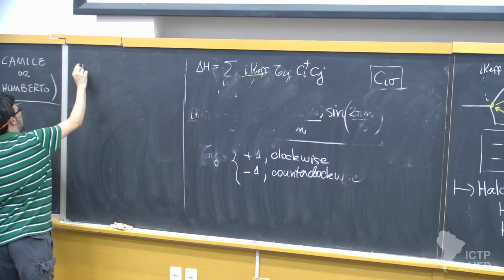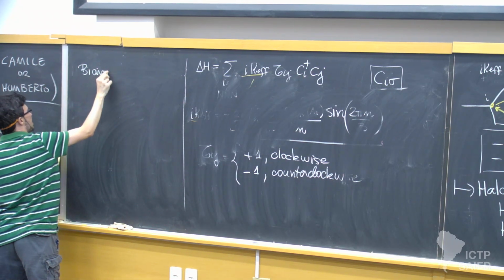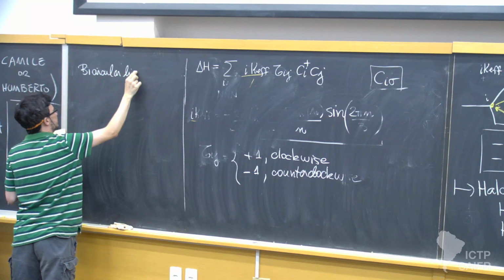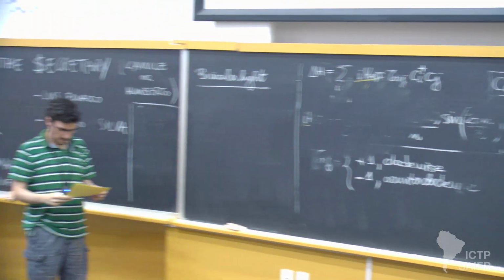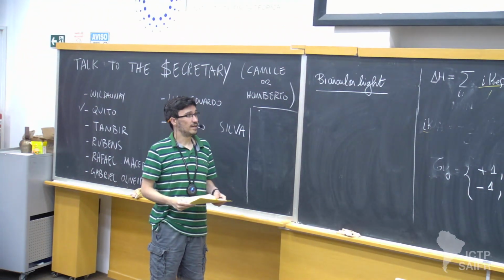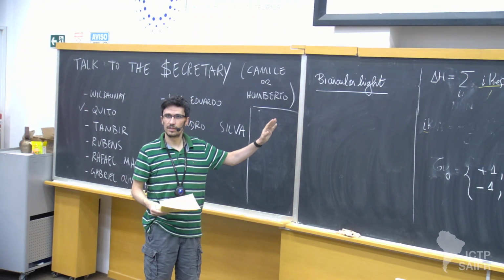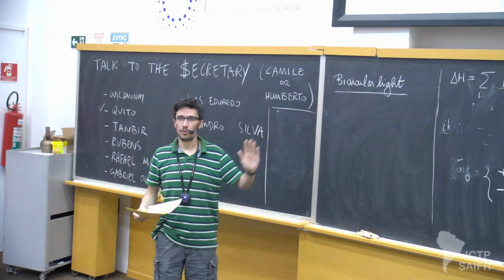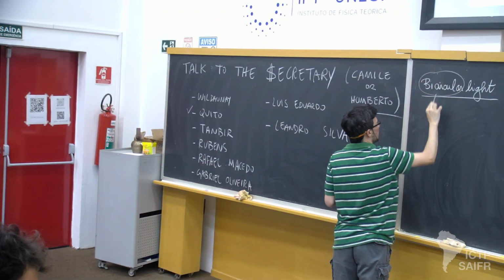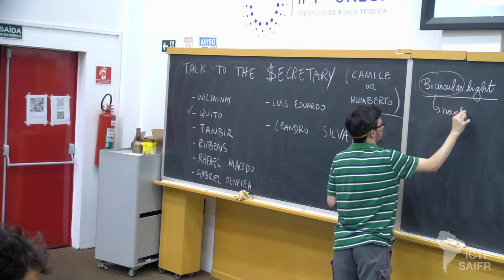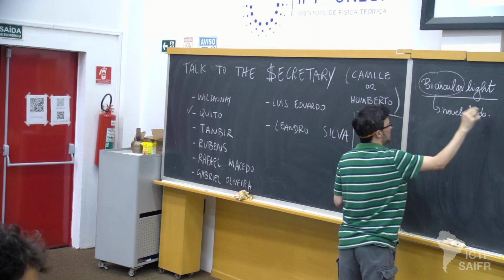This is called bicircular light. This is an advanced polarization profile. Again, this is another knob. So far we talked about monochromatic light. I'm proposing this as novel just because this is the first time we are seeing it this week.